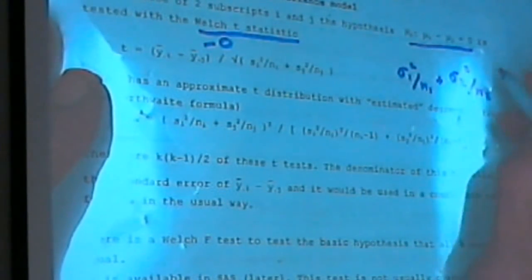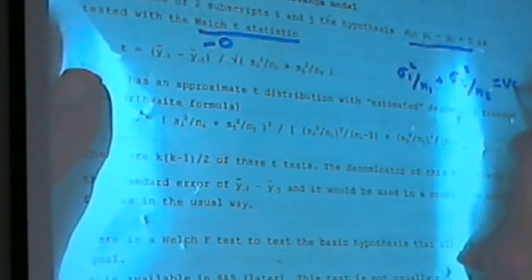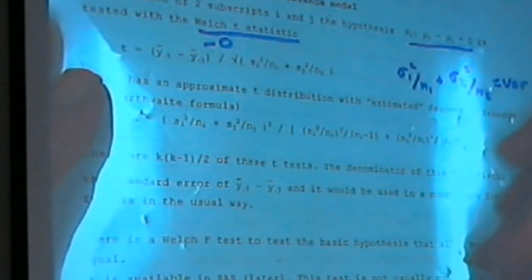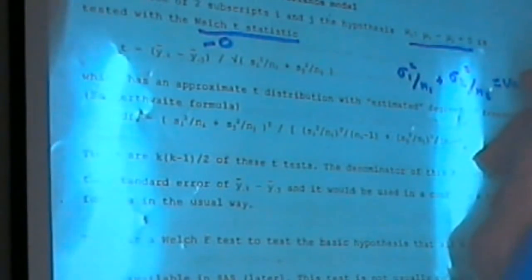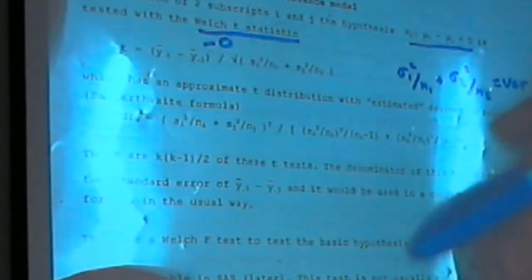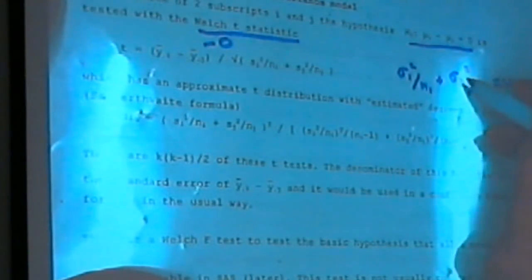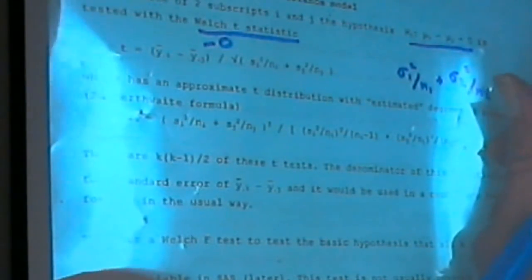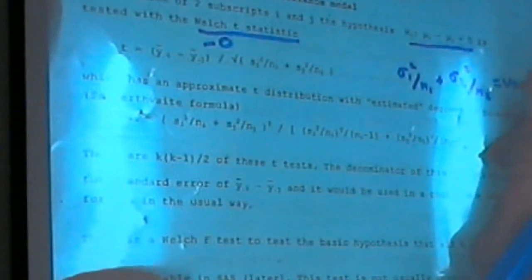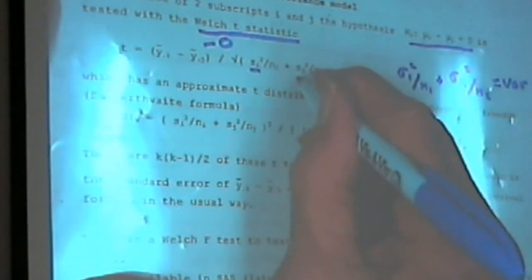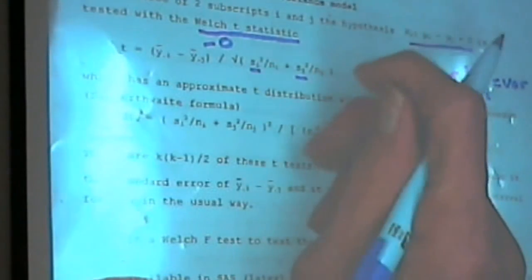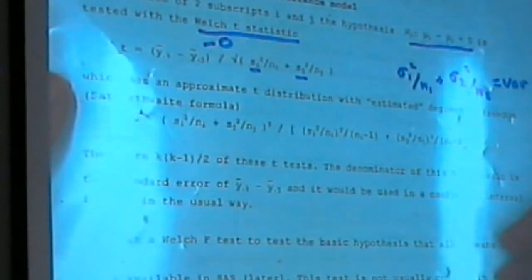That's the variance. So if we want the square root of the variance in the denominator, that's what we would need to properly standardize the statistic. But the problem, of course, is that we don't know what these sigma squares are, so we have to estimate them from the data. Notice how you're seeing the S's, the sample variances, appearing in that formula in the denominator.